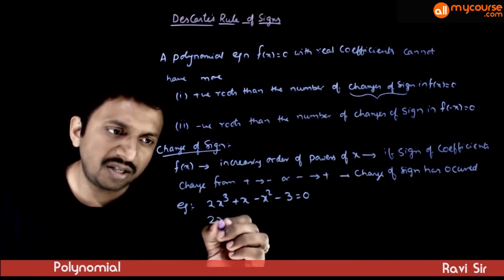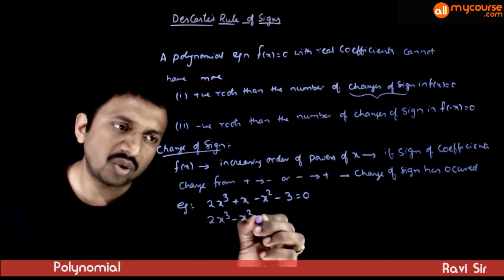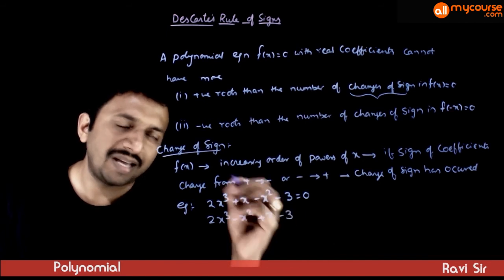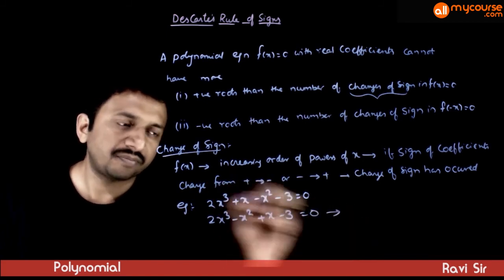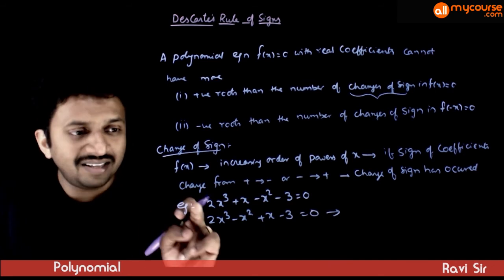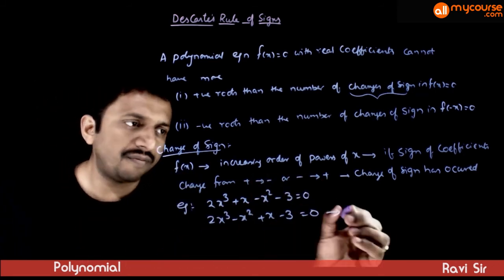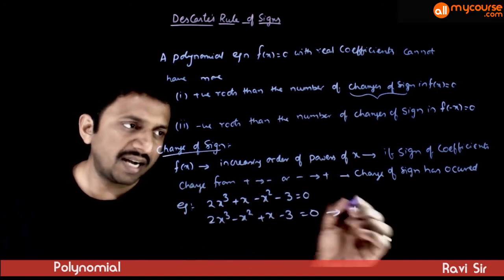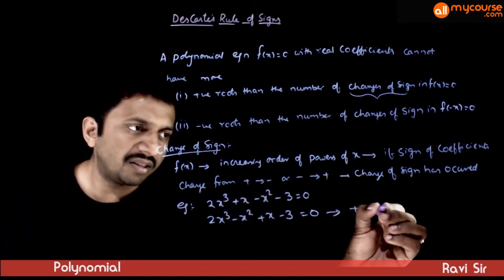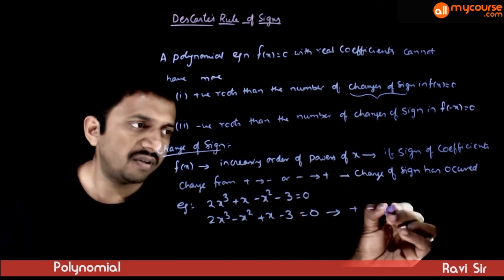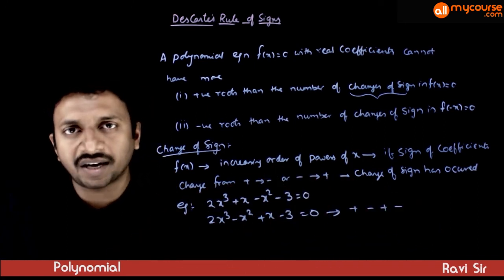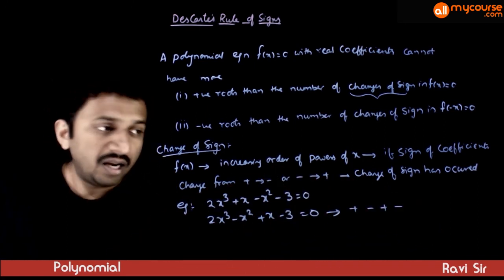That is 2x cubed minus x square plus x minus 3 is equal to 0. Now let us write the signs of the coefficients. The first coefficient is positive, the second is negative, the third is positive, the fourth is negative.